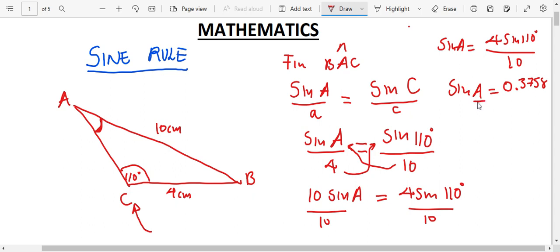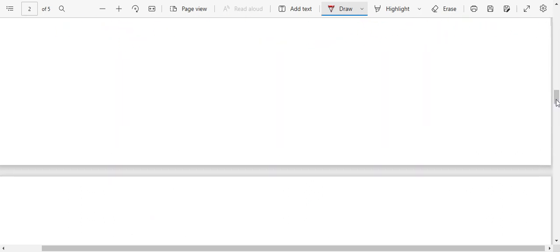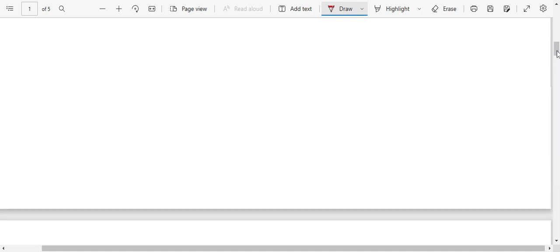Now, if you want to find A, which is the angle, you are going to take sine to the other side. So in other words, you are multiplying both sides by the inverse of sine. If you take sine to the other side, it becomes sine inverse, and then you are going to have sine inverse of 0.3758. Okay, sorry for that.